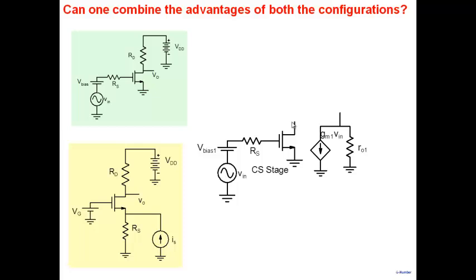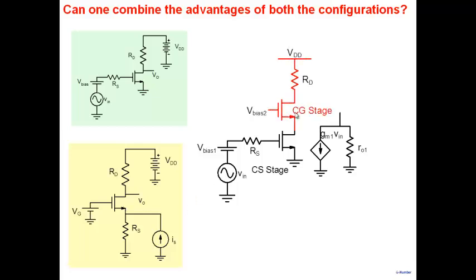If I look at the drain node, the whole thing that you see here looks like a current source in parallel with a large resistance. So this one can also be looked upon as a good voltage to current converter. It will convert the voltage into a current like this, and now this current can be given as input to your common gate amplifier.